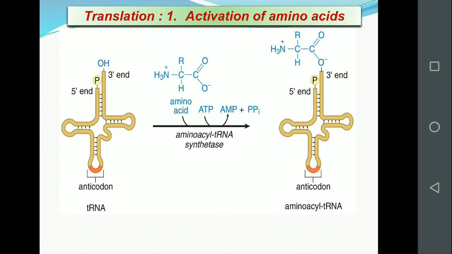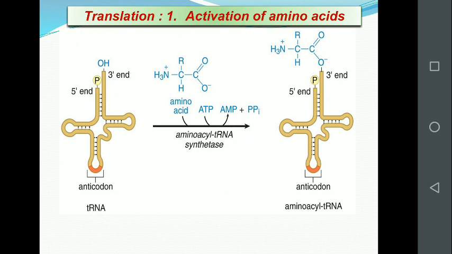So this is activation of amino acid. So in this way, before the beginning of the translation process, we require all the tRNA molecules to be charged with their corresponding amino acids.